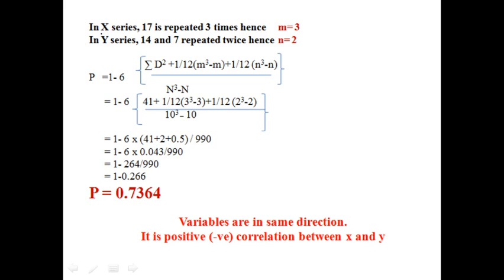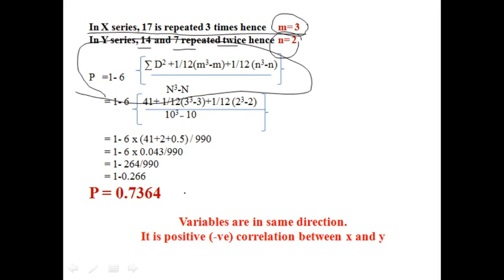In brief, in the x series 70 is repeated, so here m is equal to 3, and in the y series 14 and 7 are repeated twice, so here n is equal to 2. The formula for this calculation varies because of m and n; we are not using a single n directly, so this is the modified formula.